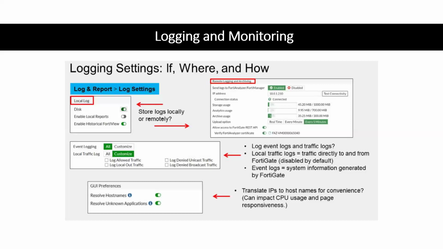One thing you want to decide as a network security engineer is whether you want the FortiGate to utilize DNS to resolve IP addresses to host names, so you can more effectively read your logs.